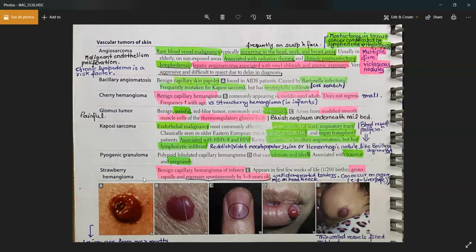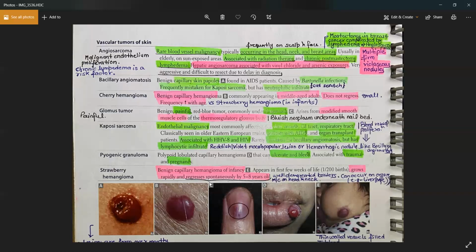This strawberry hemangioma is present in children, and it could even be present in a newborn. Initially with age this tumor grows and increases in size, but after 5 to 8 years of age, the tumor regresses spontaneously.